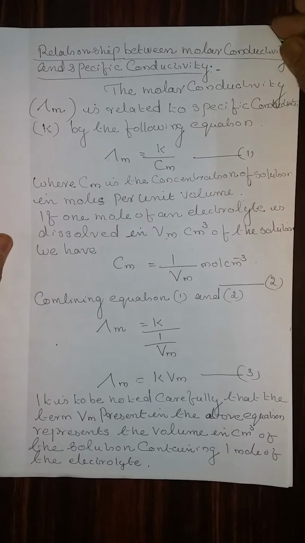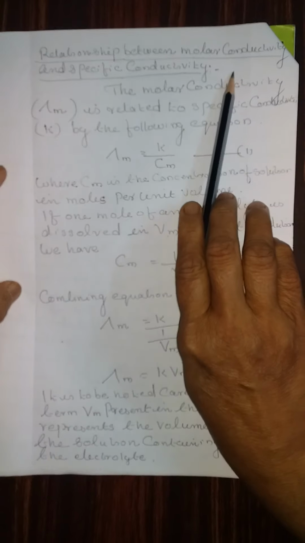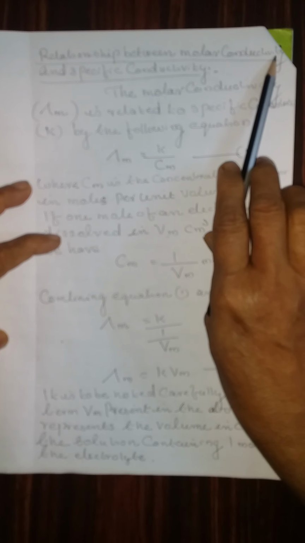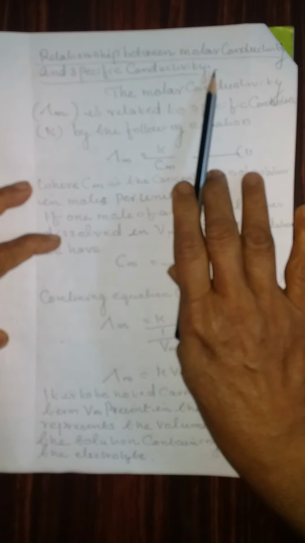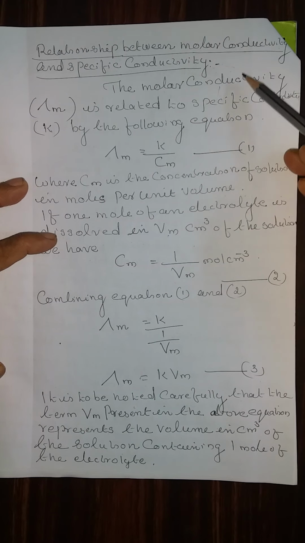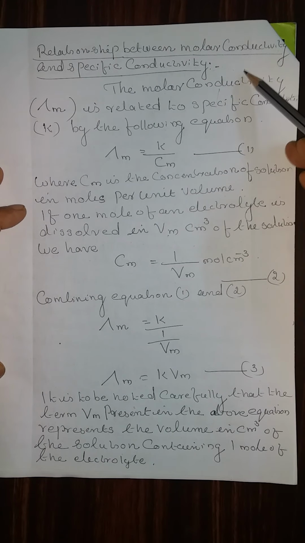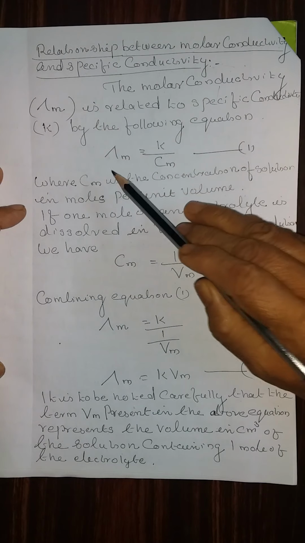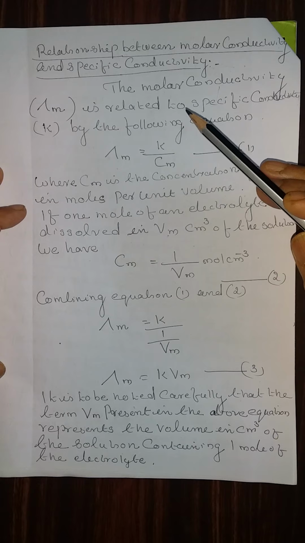Next is the relationship between molar conductivity and specific conductivity. Just like how we derived the equivalent conductivity and kappa or specific conductivity, we have to derive another equation with molar conductivity and kappa. After that, you have to derive the relationship between molar conductivity and equivalent conductivity.